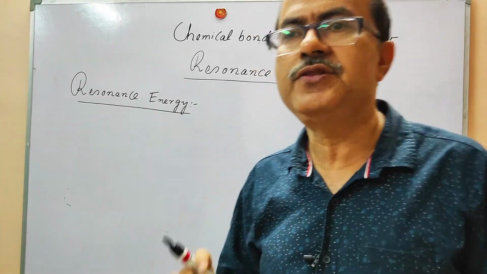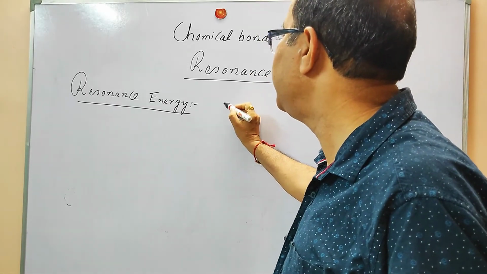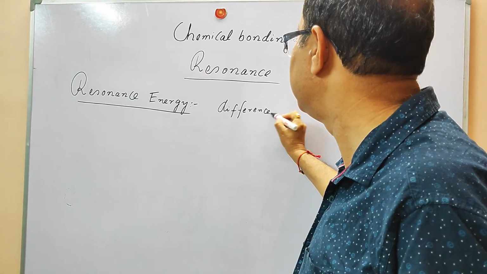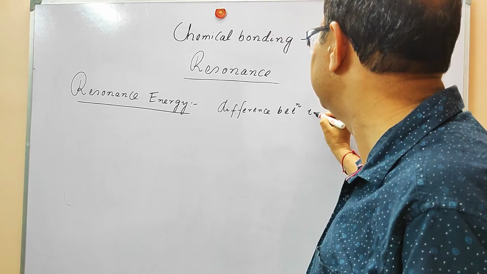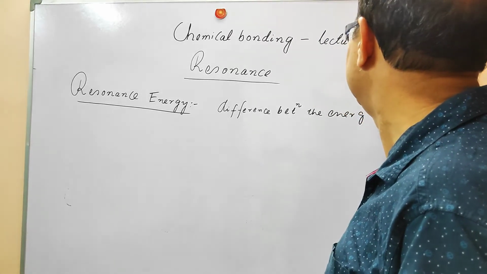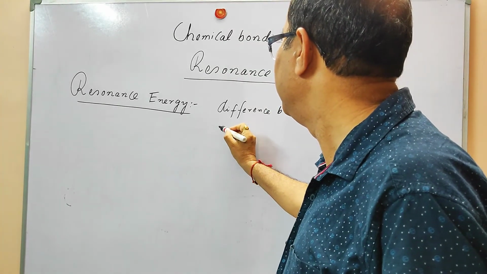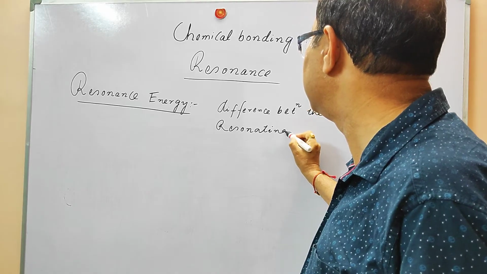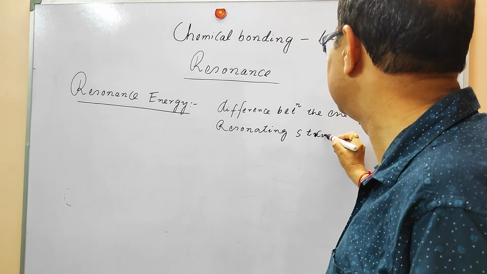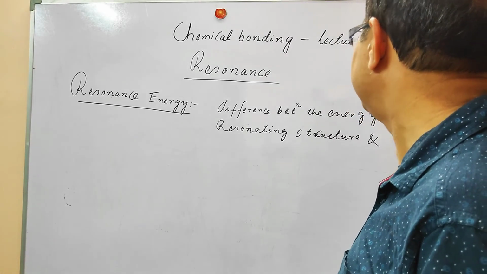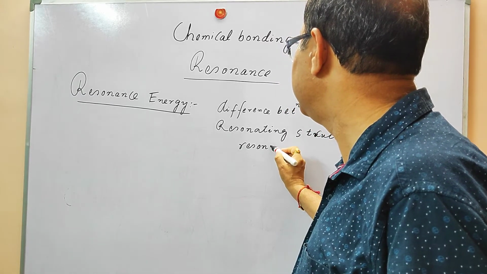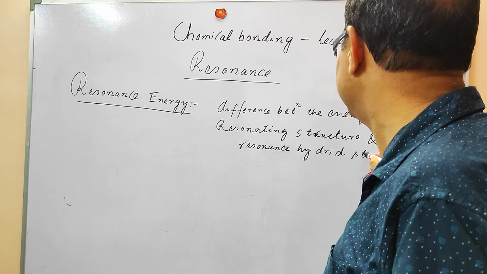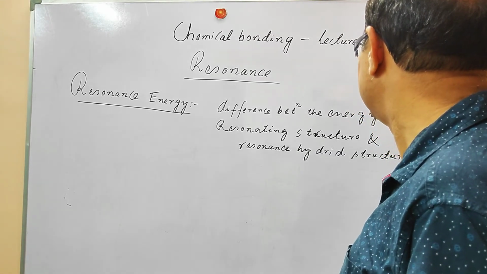Resonance energy is basically the difference between the energy of the resonating structures and the resonance hybrid structure. This is called the resonance energy.